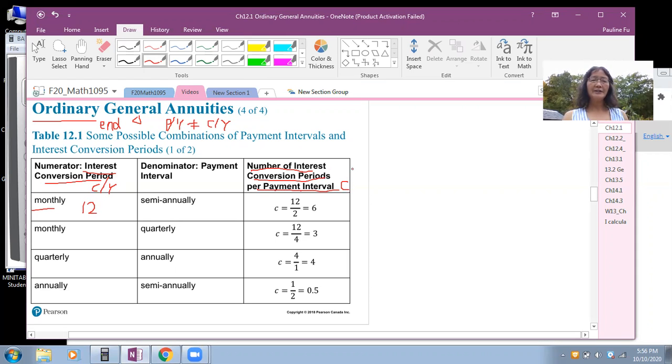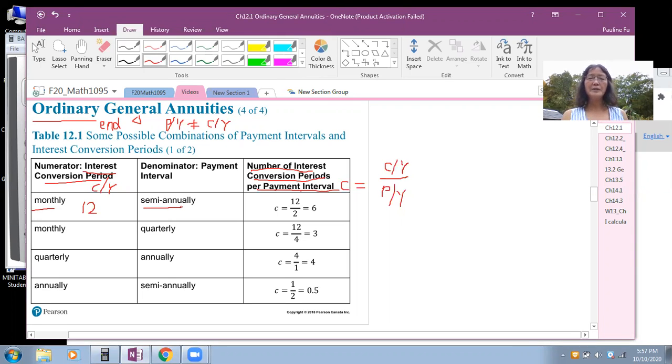And that is actually the formula for C. It is equal to CY over PY. We call CY the numerator, and PY the denominator. Okay, so now continue here.